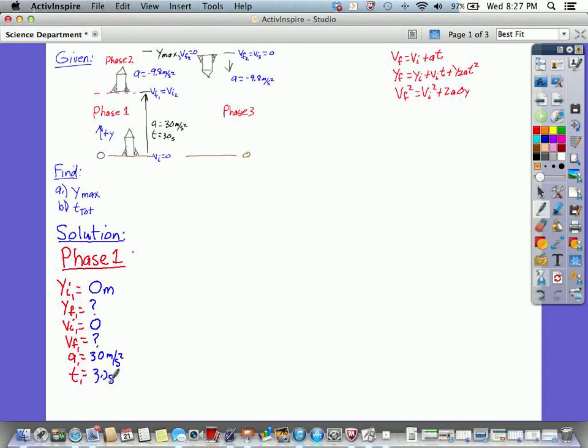So let's see if we can find that final position. We can find this from the middle equation here.